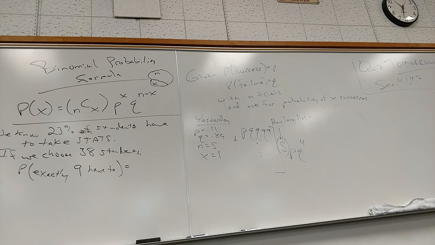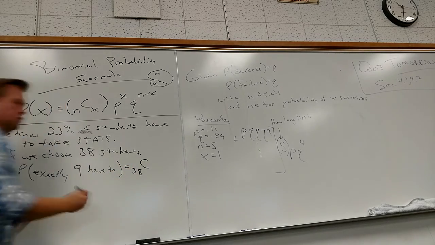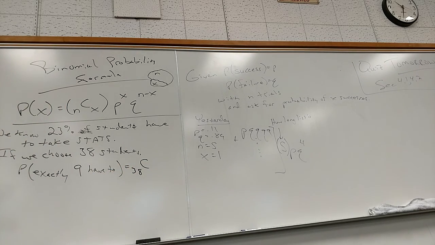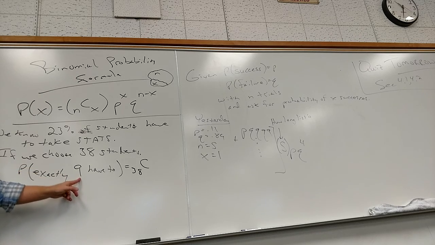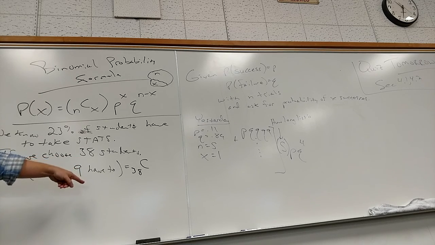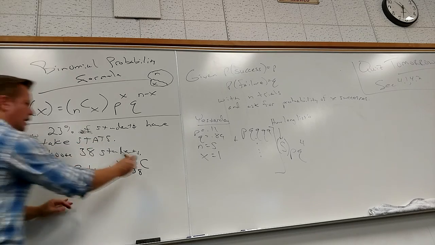So really you just got to plug and chug, but here's how to say it to yourself in English as you do it. How many people we got total? 38. And now I want to choose how many of them to do something. 9 of them. I got 38 people. Choose 9 of them to do something.